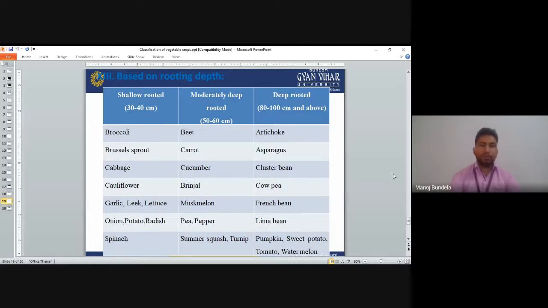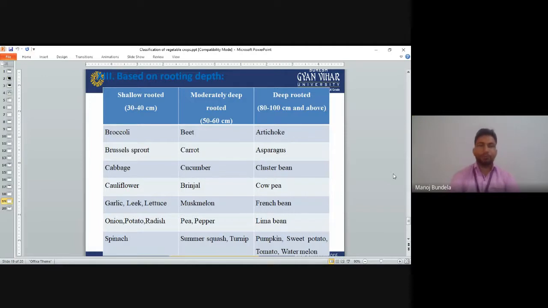Shallow rooted crops include broccoli, Brussels sprout, cabbage, cauliflower, garlic, leek, lettuce, onion, potato, radish, and spinach.